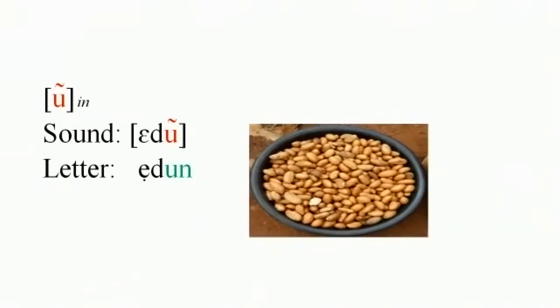Then the nasal vowel U in Edo. You can see there the digraph UM represents that sound. It's a single sound, okay?